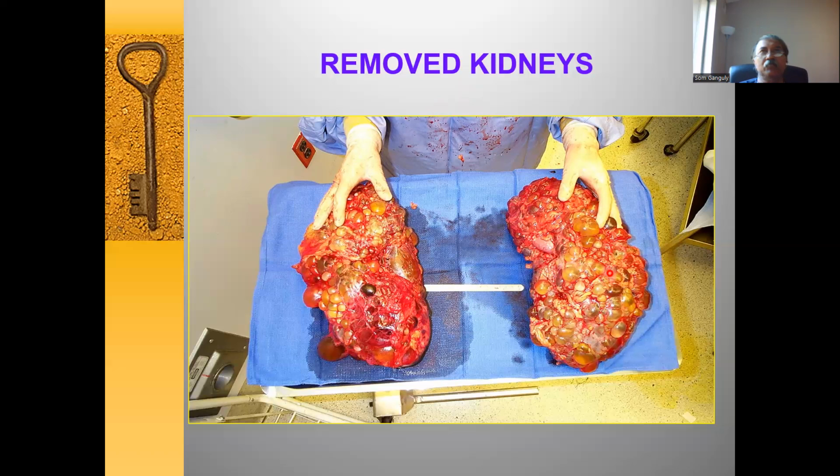So this has to be removed. So they do nephrectomy. In this case, they have done total nephrectomy. So they have removed both kidneys out of the patient's body.